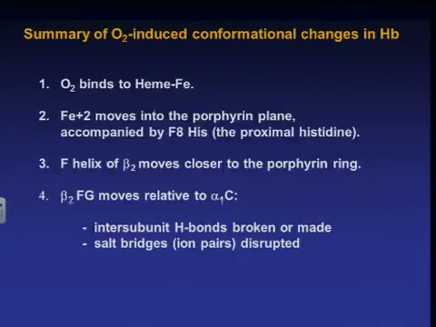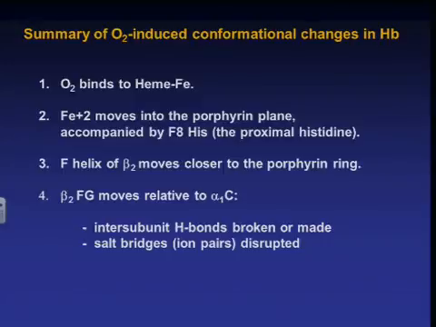So, what did we just say? The oxygen is binding to the iron in the heme. As that iron moves into the plane of the porphyrin ring, it's flattening out, and that proximal histidine on the other side wants to move with it. So with that shift, okay, that F helix of beta 2 is moving closer to the heme ring. That causes that FG corner to move.